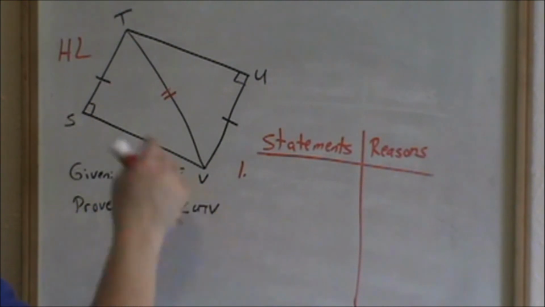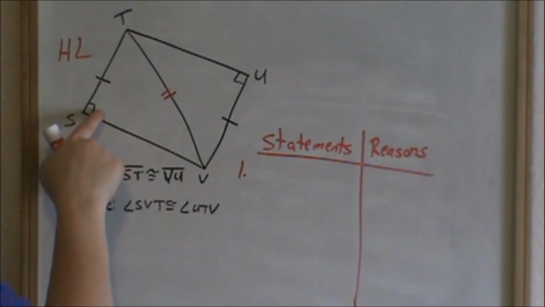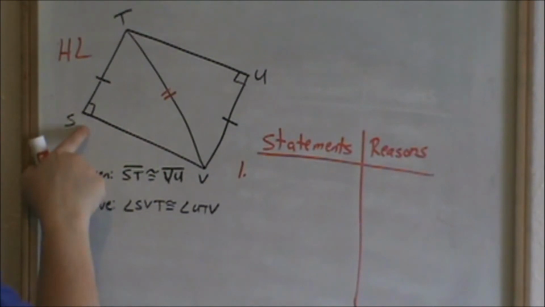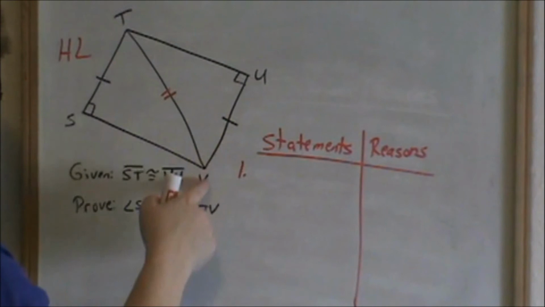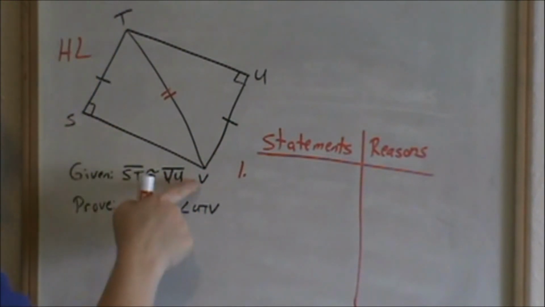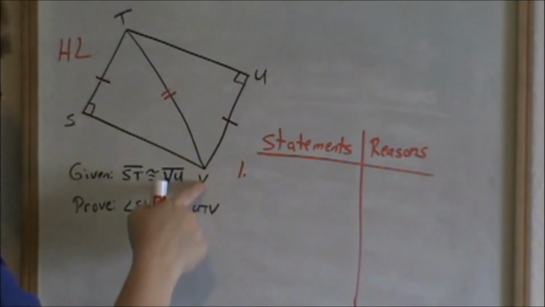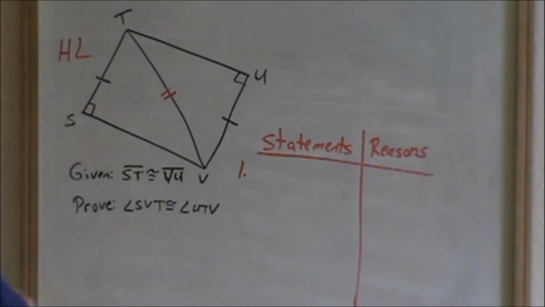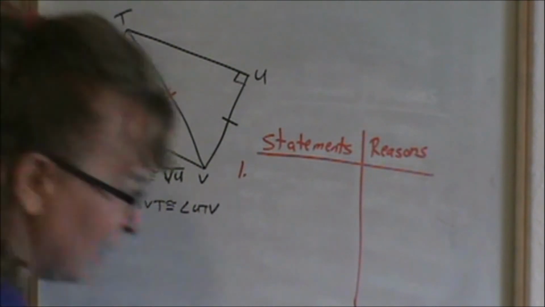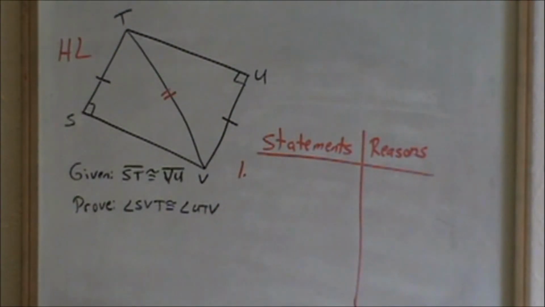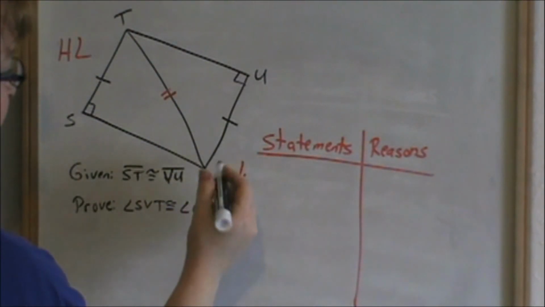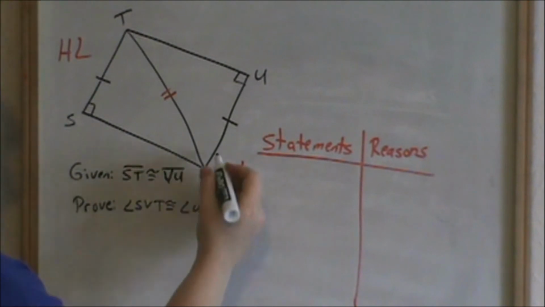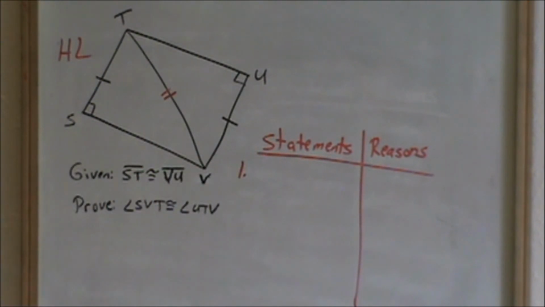In my opinion, it's actually better to go ahead and write in your statements that angles TSV and TUV are actually right angles. If you actually go through and make those statements, you can never go wrong. You can never go wrong by entering too much evidence into your statements. There we go. That looks more like a V, not a U.